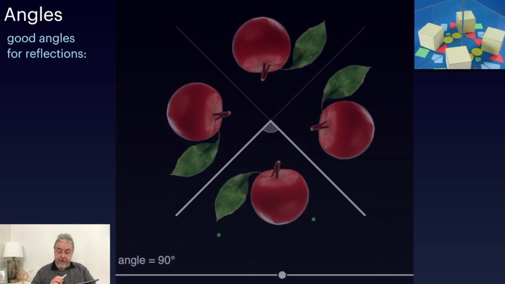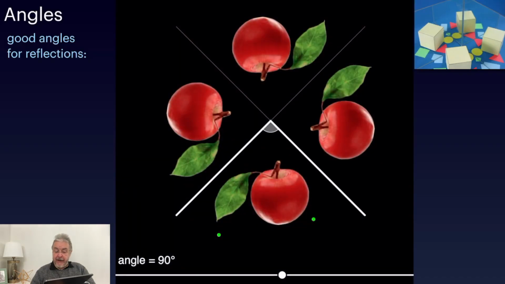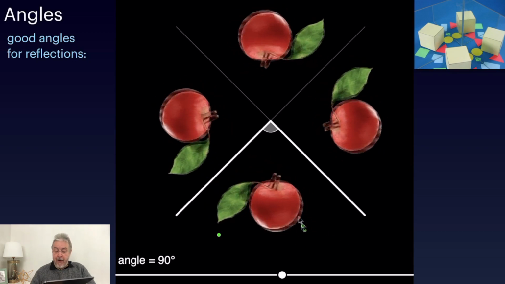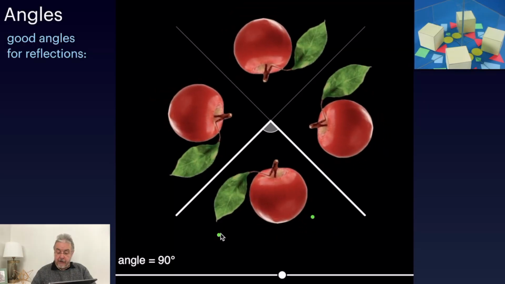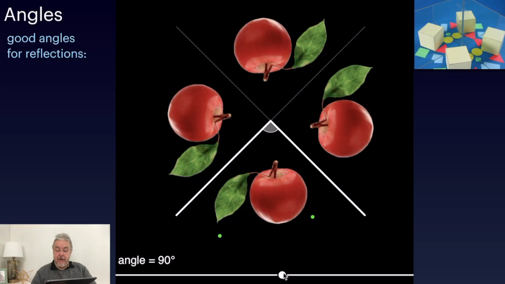Here I have a little more abstract version of that. So here are my 2 mirrors. I have a 90-degree angle, and you see if I move my object around, you get 4 perfect copies of that. They may be cut by the mirror planes, but that's more physics than mathematics.